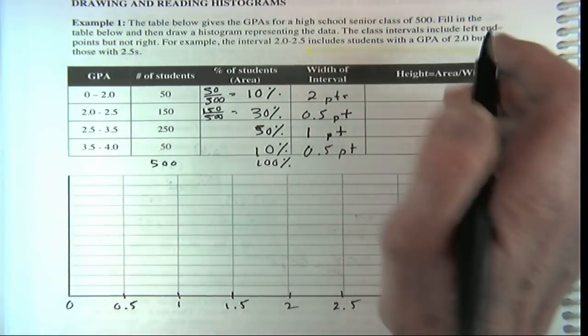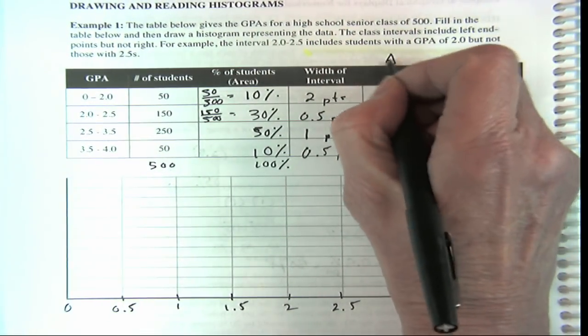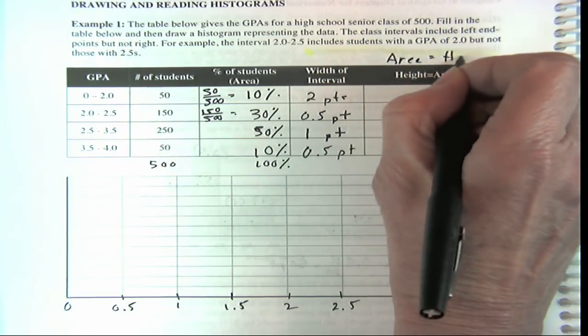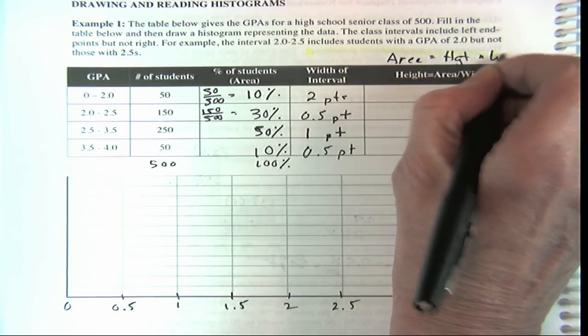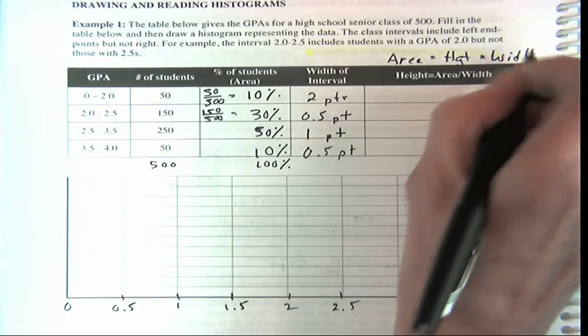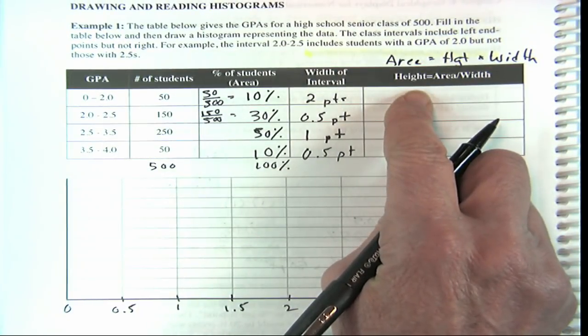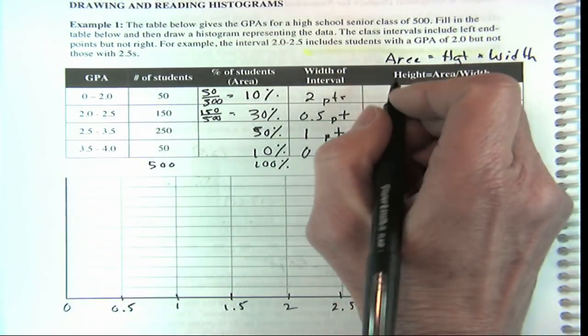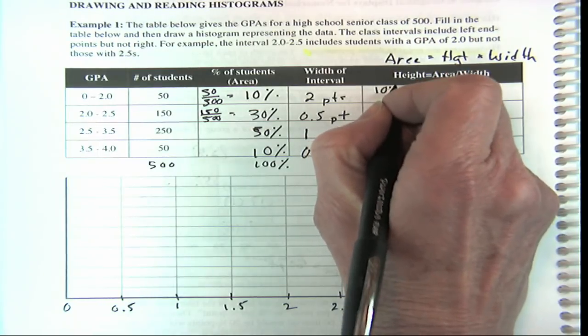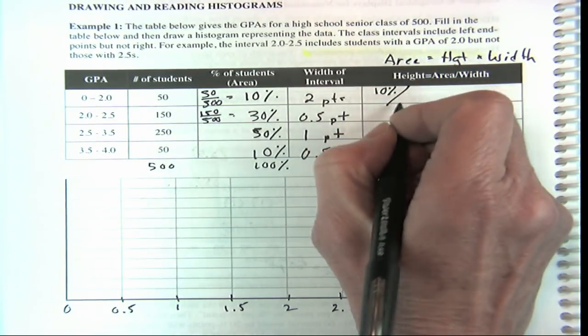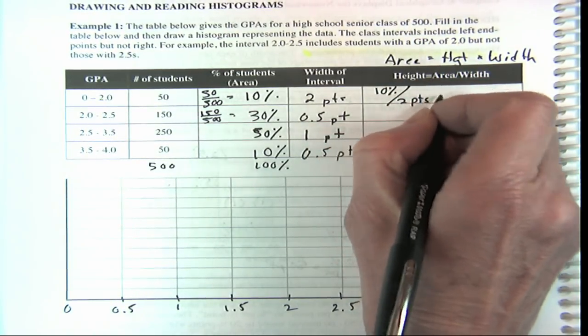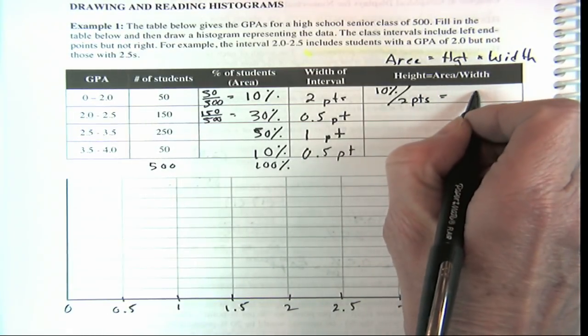All right, so now what do we want to do here? Remember that area equals height times width. So for our height, we just take our area divided by our width. So that's 10% divided by 2 points. So that's 5% per point.